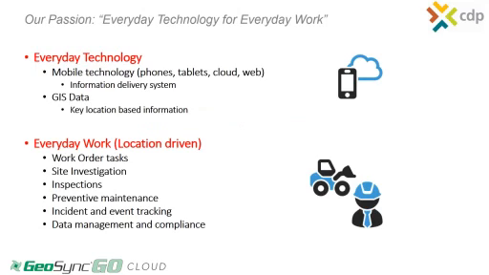And this screenshot gives you an idea of how GeoSync GO Plus now looks with the update. I think one of the immediate things that you will notice is that it's a much cleaner and lighter look than it was before, and there are specific reasons for that.